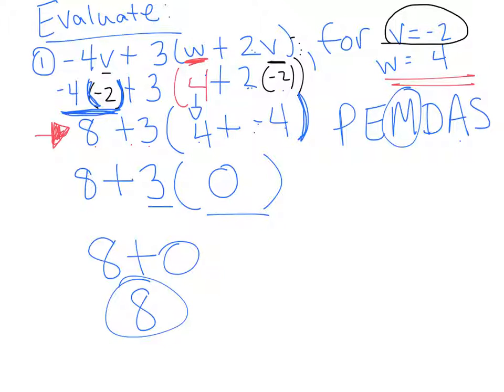You see the addition, it's so easy for you, you just do it automatically and you don't even think about it. Please, please, please remember, the addition and subtraction are the last things you take care of. Unless they are in a parentheses, do not do that addition out front first. Okay, you have got to keep bringing down the 8 plus all the way until the very end. It really changes your answer.